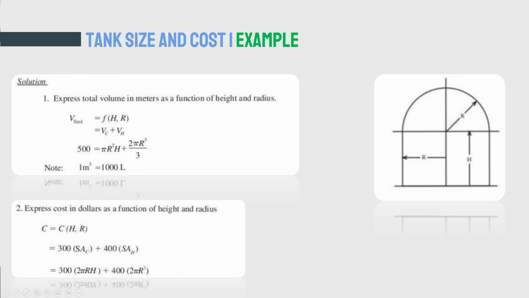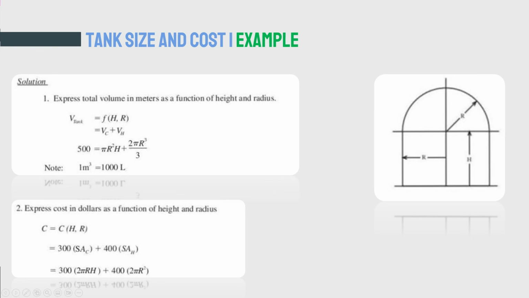SAC, 2 pi r multiplied by h, plus, for the hemisphere it's 400 per meter square, but we don't know how many meters square unless we use the surface area of the hemisphere equation, which is 2 pi r square. Hopefully you get that, doesn't confuse you. Okay, so you have here as well r and h, not defined, and c.